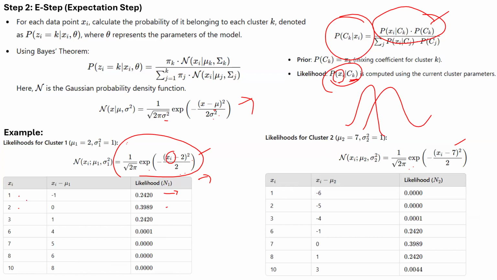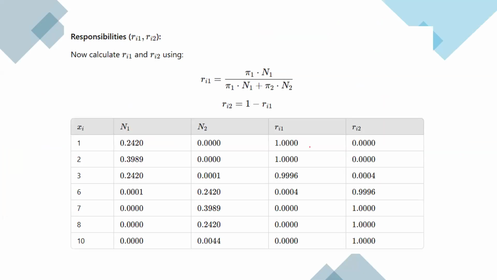Now we got point 1 belonging to cluster 1, the likelihood of that is 0.2420, and the likelihood of point 1 belonging to cluster 2 is 0.02. This is how we calculate the likelihoods in the expectation step.